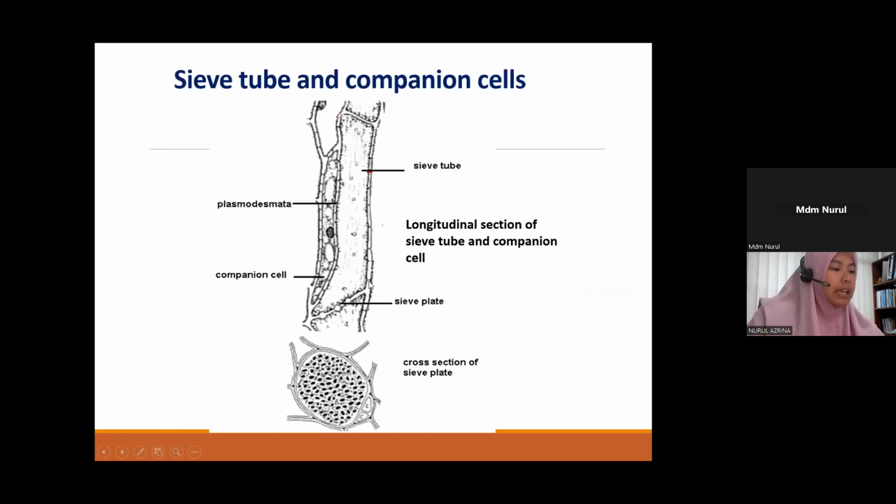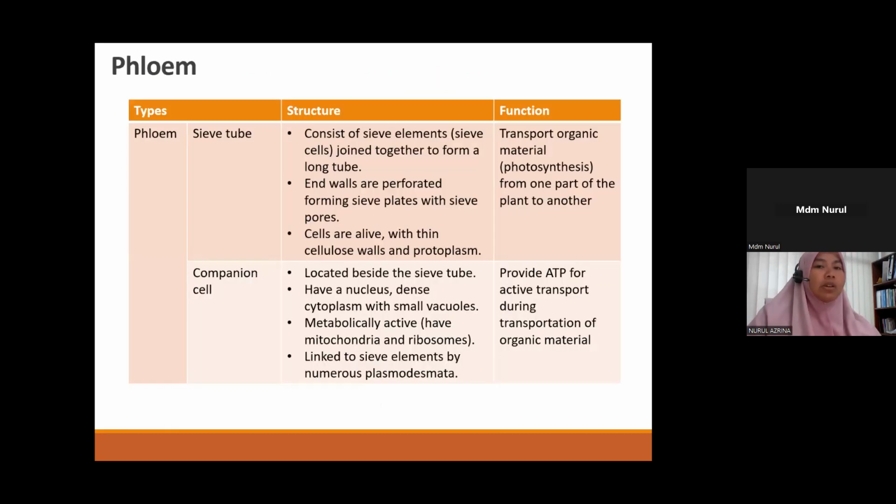So you can see here is the sieve tube that is connected to another sieve tube via the sieve plate. The sieve plate has sieve pores. As a summary, the sugar conducting cells of phloem are the sieve tube element and also the companion cell.